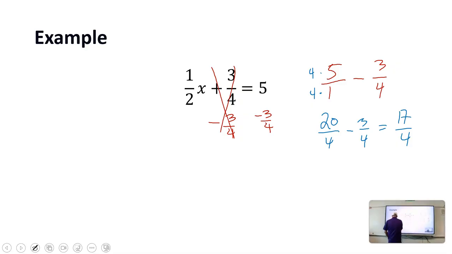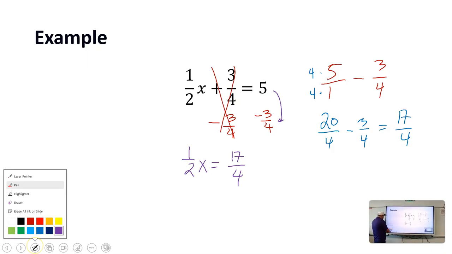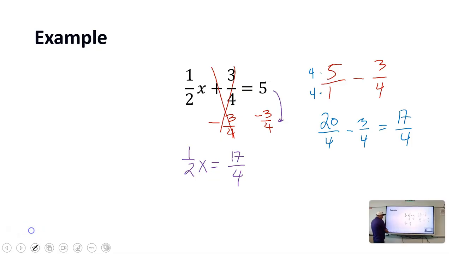So if I come back over here to my original problem, I've got 1/2 x equals 17/4, which is what I got when I did 5 minus 3/4. I'm going to go ahead and multiply by the reciprocal. You can divide by 1/2, but it's the same thing as multiplying by the reciprocal. So I'm going to times by 2 over 1, because the 2's cancel out, the 1's cancel out, and I'm left with x.